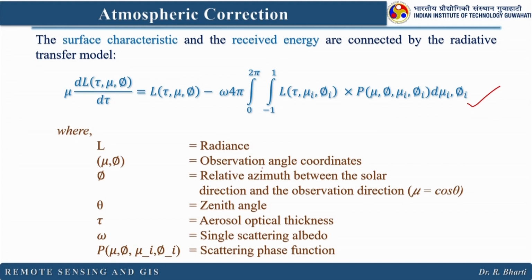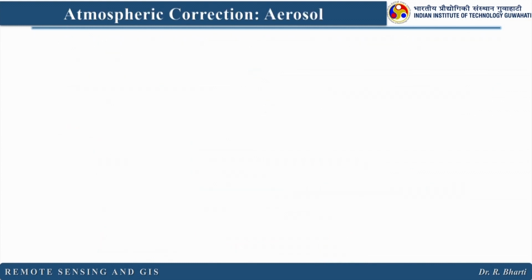We are also using the observed angle coordinate, the relative azimuth between the solar direction and the observation direction, where mu is cos theta and theta is the zenith angle, and aerosol optical thickness, single scattering albedo, scattering phase function. So, all these parameters are used to define the surface characteristics and its emitted or reflected signal which is sensed by our sensor.